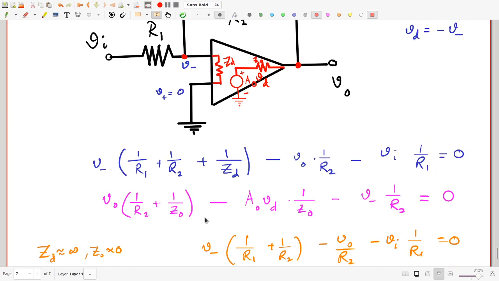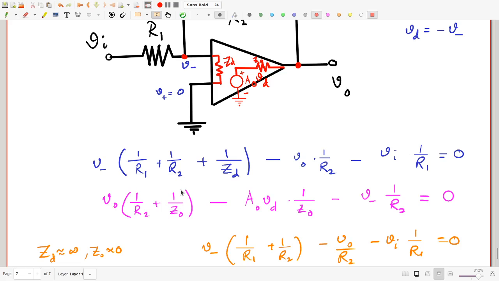Well, this equation needs slightly more careful handling because, of course, you are dividing by Zo here. Substituting Zo equal to 0 will lead to a disaster. But it's easy to see that all you need to do is multiply first by Zo and then put Zo equal to 0. And if you do that, only this term is going to survive.